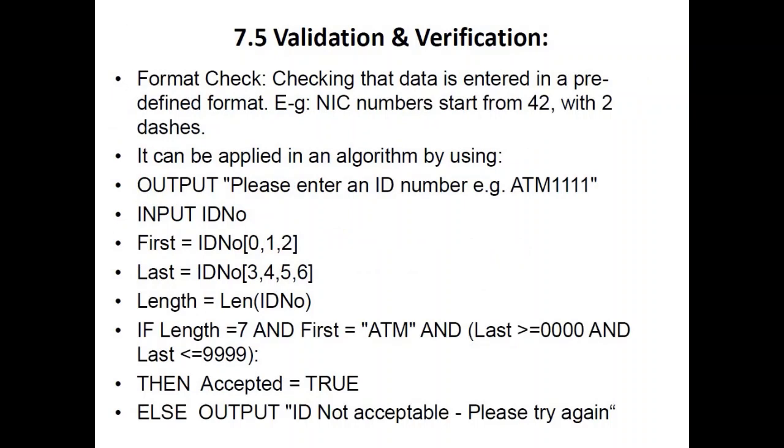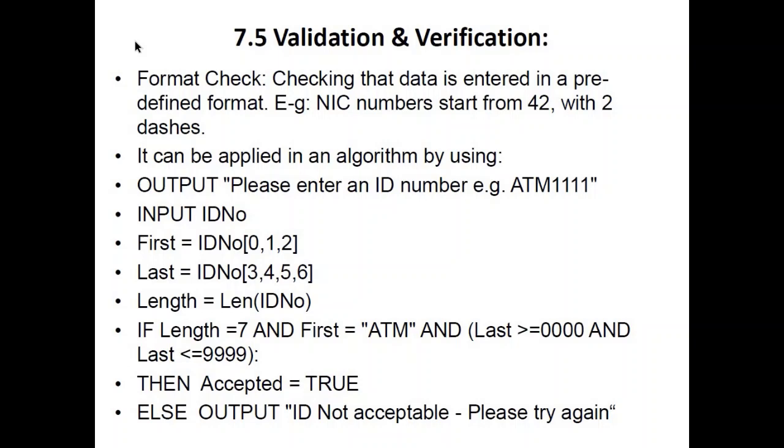Next we have is a format check. What the format check does is that it makes sure that the data entered is in a predefined format. For example, NIC numbers start from 42 and they have 2 dashes in between. It can be applied in an algorithm by using please enter an ID number in the format ATM1111.